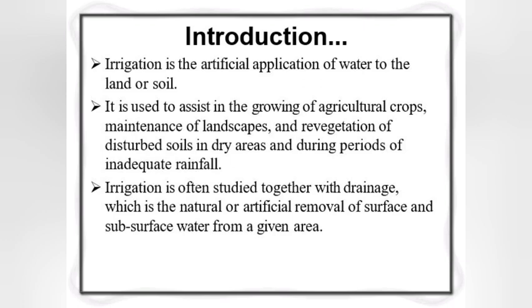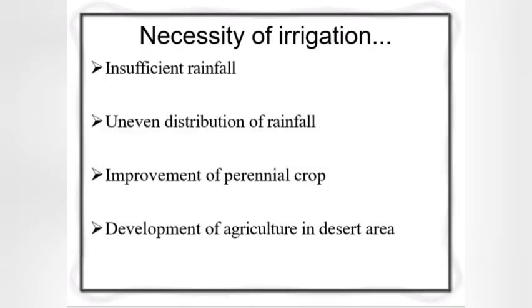And if the rainfall in a particular area is not uniform over the crop period, meaning the entire period of the crop until it gets harvested, then definitely we need the support of an irrigation system, or irrigation water is supposed to be supplied as a supplement to rainfall.